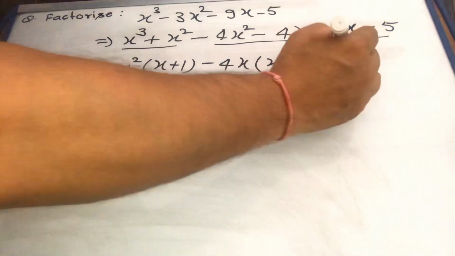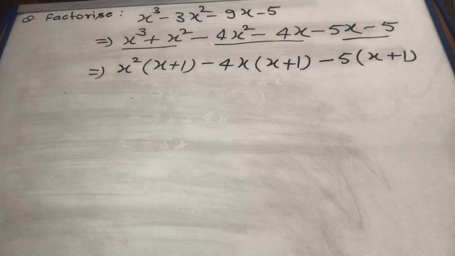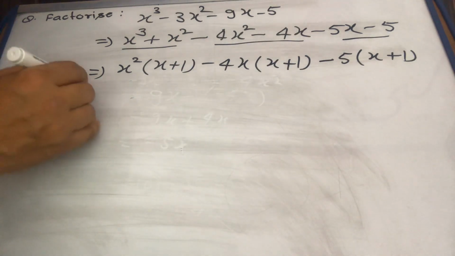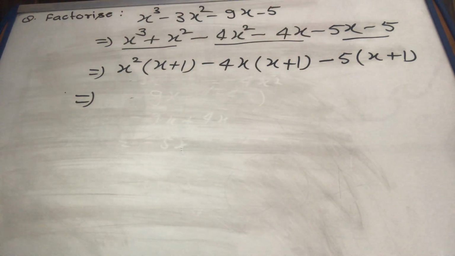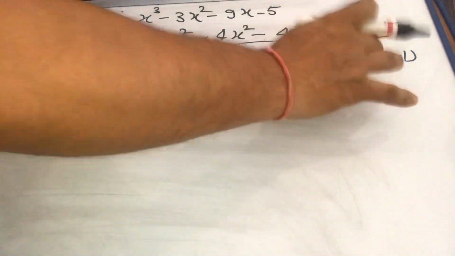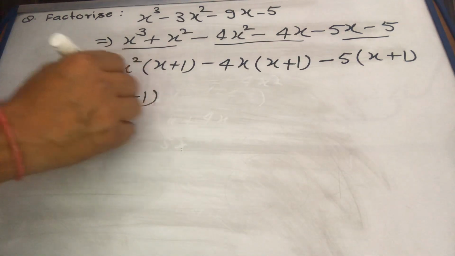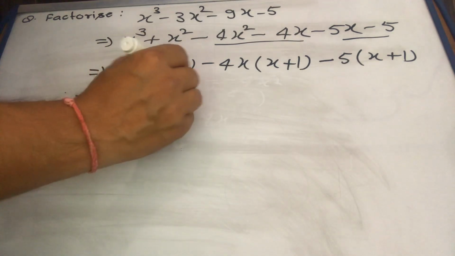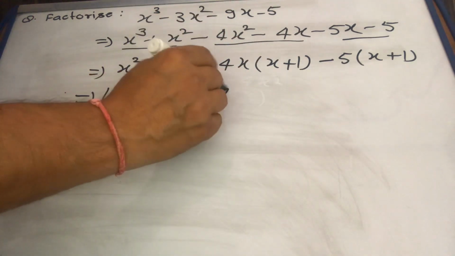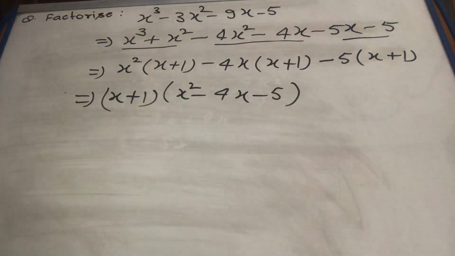This is minus 5, so minus 5 is common, and the remaining thing is x plus 1. Now once again you observe what is common in these three terms: x plus 1 is common. The remaining thing in the first term is x square, in the second term is minus 4x, in the third term is minus 5.